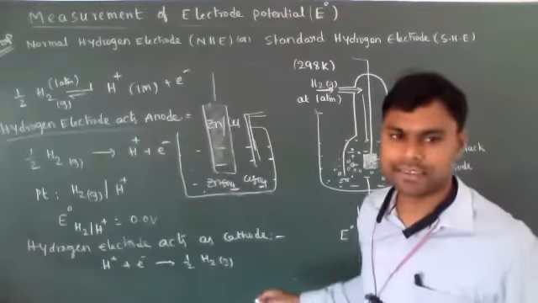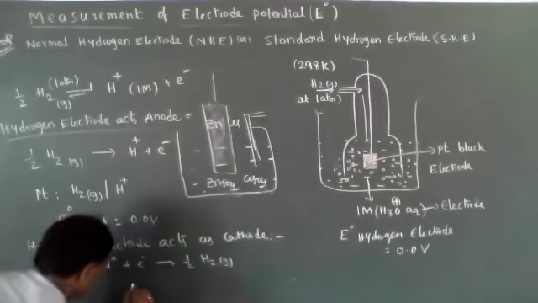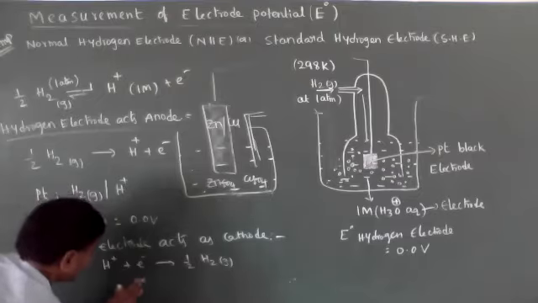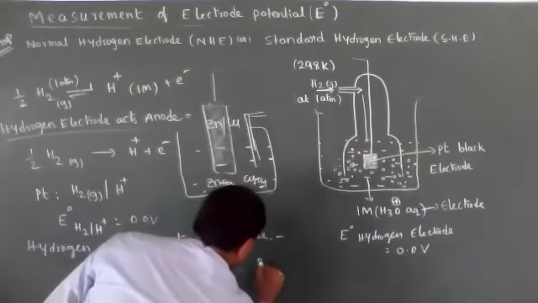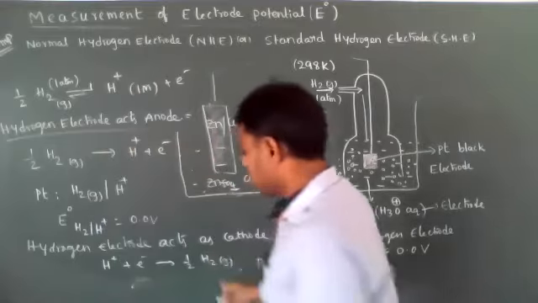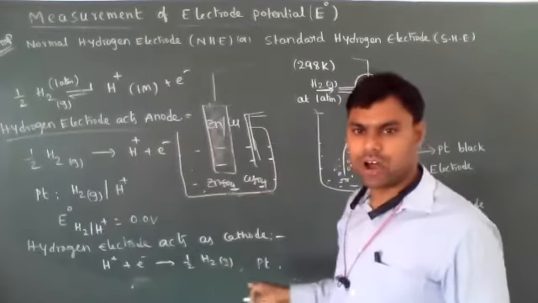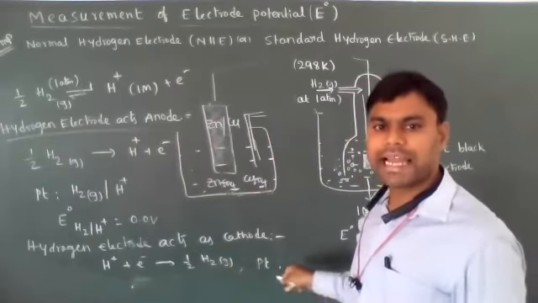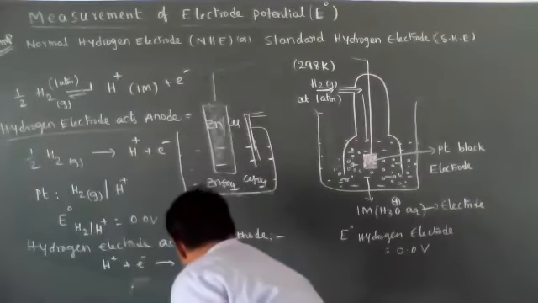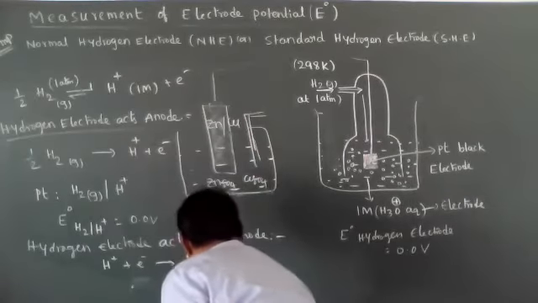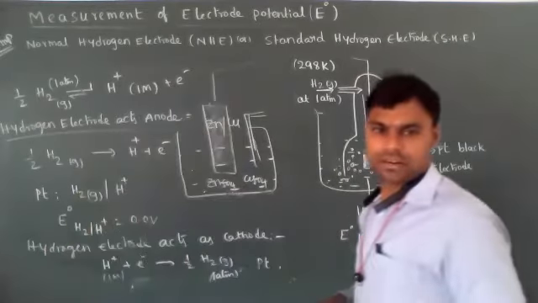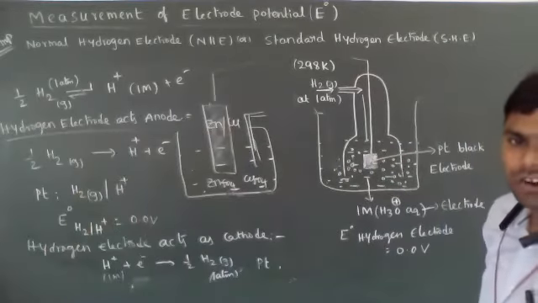Now for the cell representation, platinum is the inert electrode. If it acts as a cathode, how to represent that half cell? Electrolyte by electrode. This is the hydrogen electrode. Its pressure is always equal to 1 atmosphere. Its concentration of H+ ions is always equal to 1 molar.